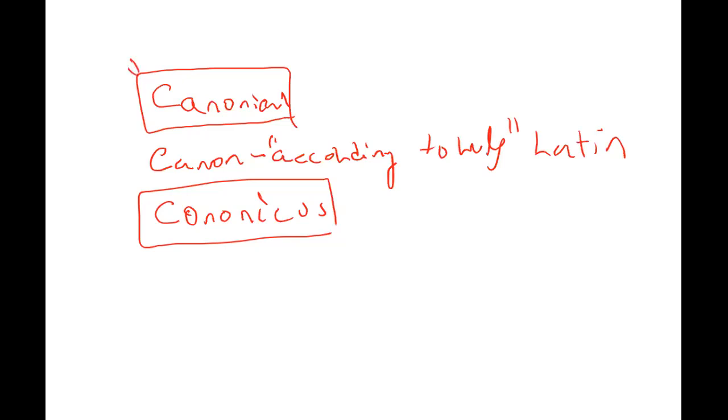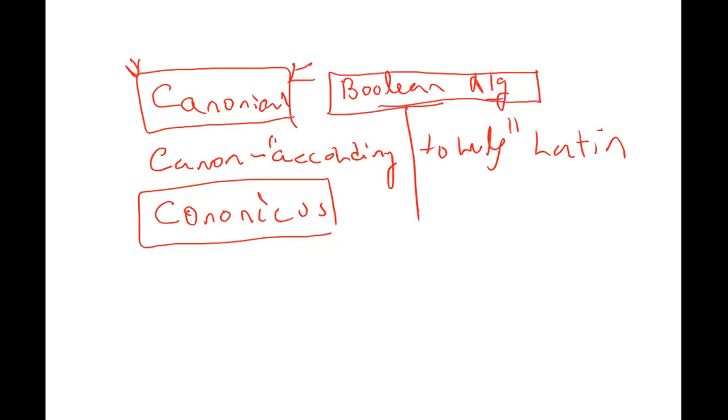Canonical is a form which is used in Boolean algebra. Now, where does the term Boolean come from?